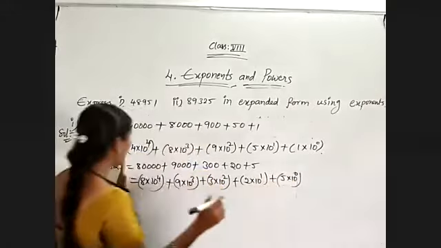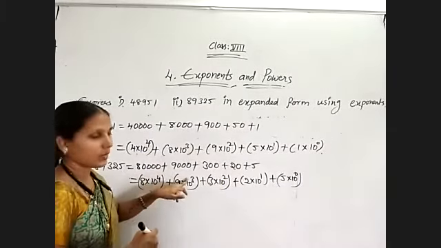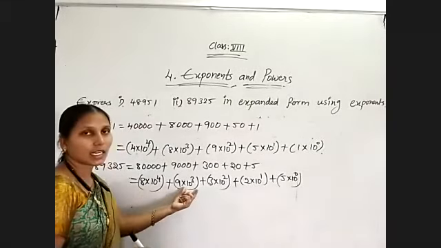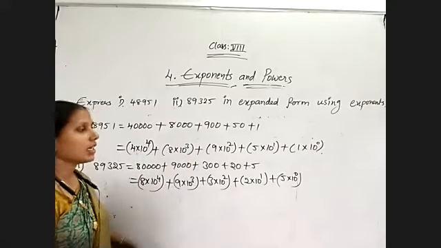When moving from left to right, the power of 10 decreases by 1 each time. Since 10 power 4 divided by 10 gives 10 cube. Understand?